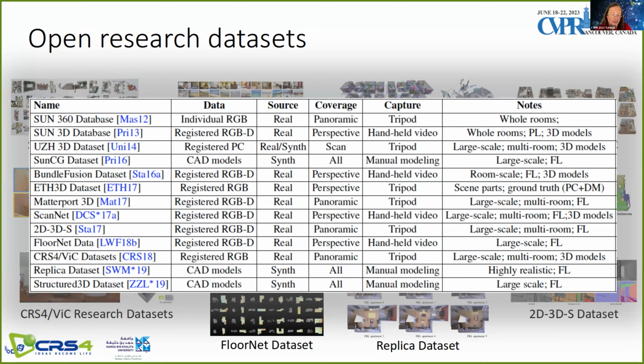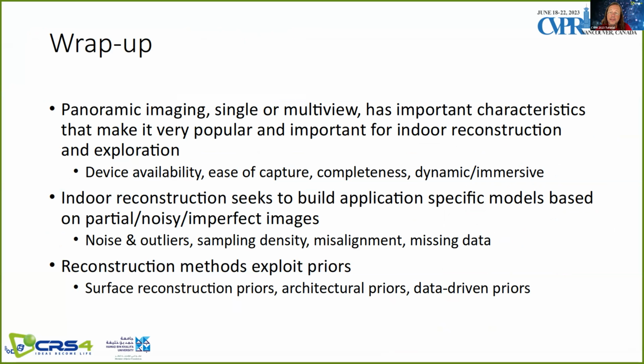So to wrap up, what we can say is that panoramic imaging, single or multi-view, has important characteristics that have made them very popular and important for indoor reconstruction and exploration. These characteristics include the fact that there is a wide availability of devices, capture is easy, the coverage is complete around the viewer, and the media nature that you obtain makes them dynamic and immersive.